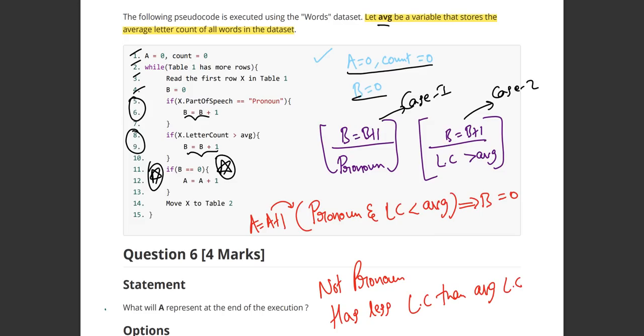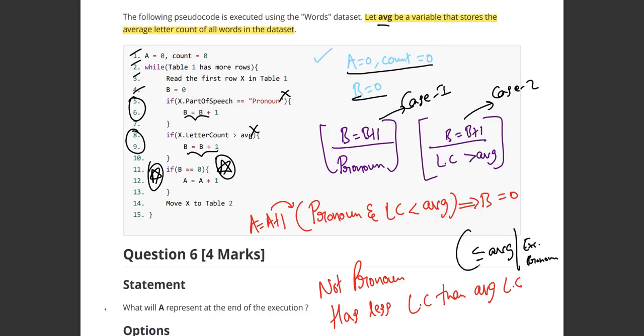B will remain 0 if both of these are not satisfied. That means x dot letter count should be less than or equal to average, and it should also have any other part of speech except pronoun.